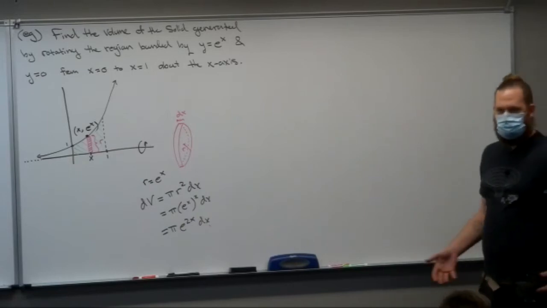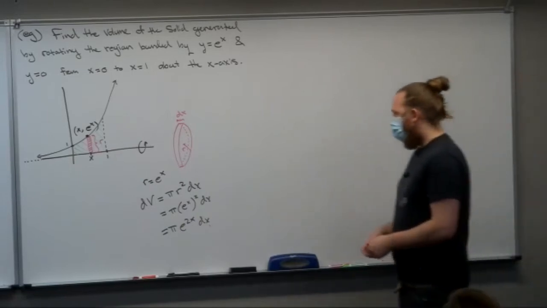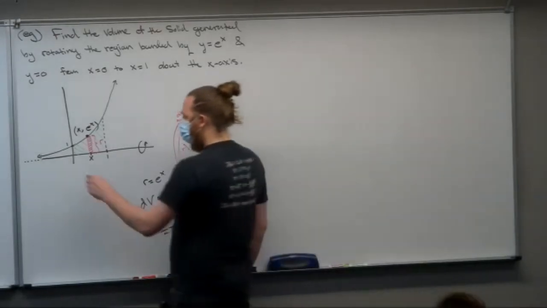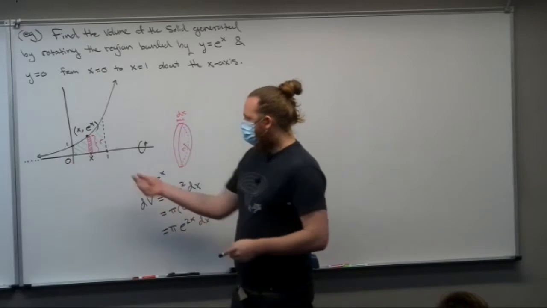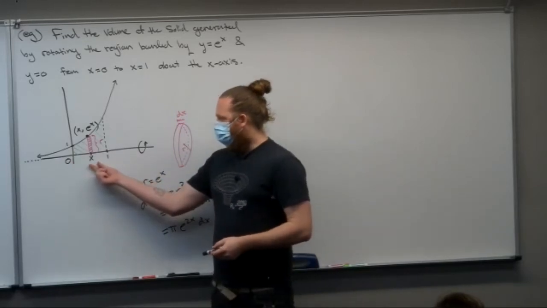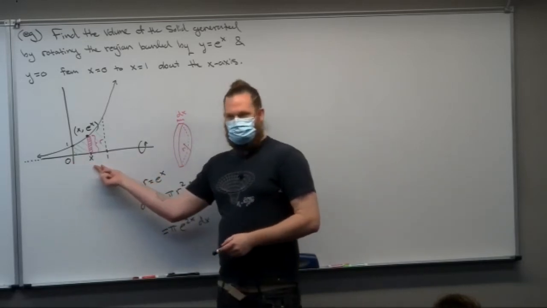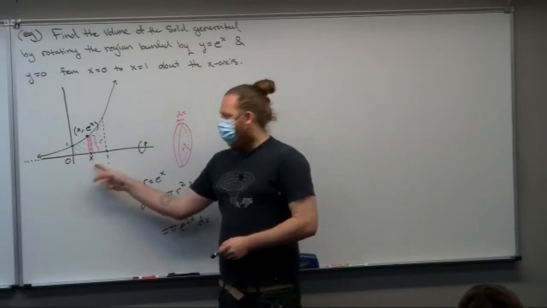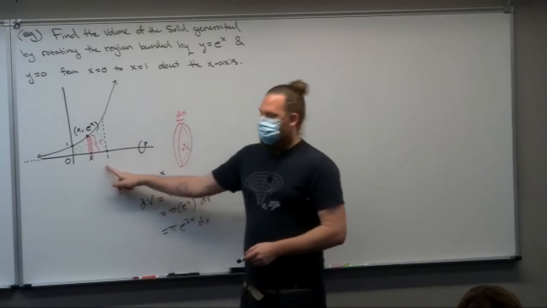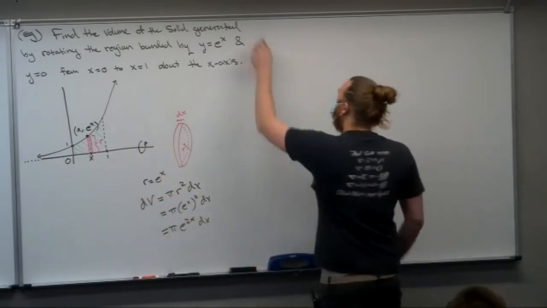Once you have dV, you're golden. You just integrate dV to get V. The bounds you might want to think about a little bit. In order for this strip to move all the way through this region, x has to go from 0 to 1. So your bounds are the smallest x value in your region up to the largest x value in your region.